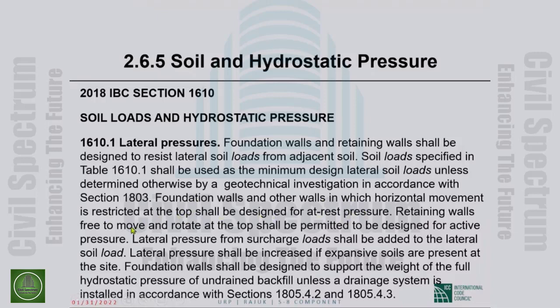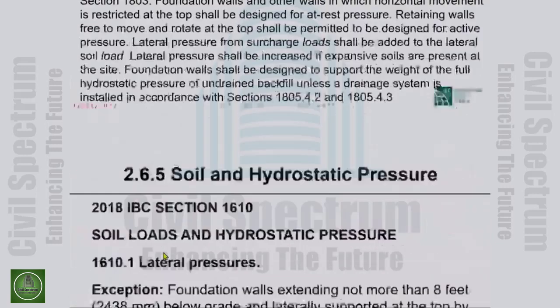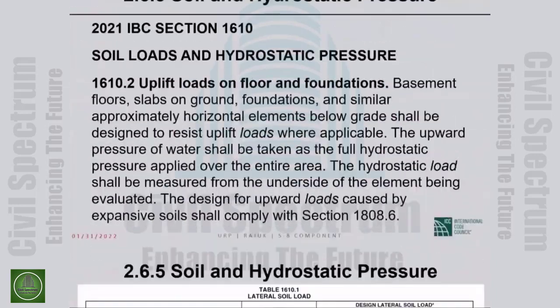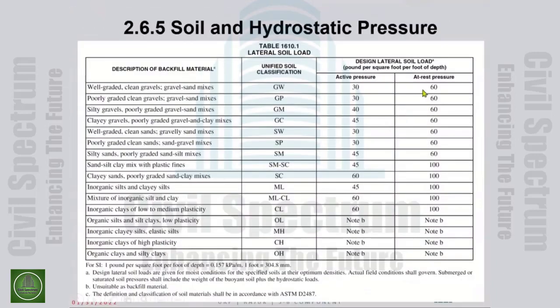Retaining walls free to move and rotate at the top shall be permitted to be designed for active pressure. So there is at-rest pressure and active pressure. So at-rest pressure is here, the active pressure is here. Okay, the active values are lower, the at-rest values are higher.